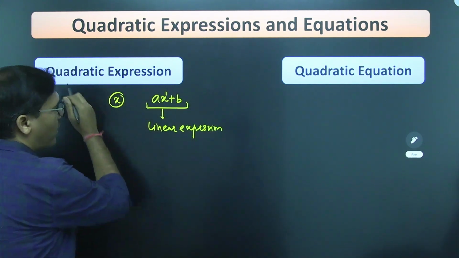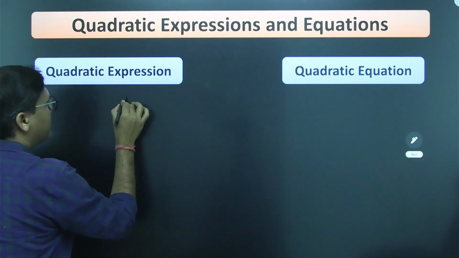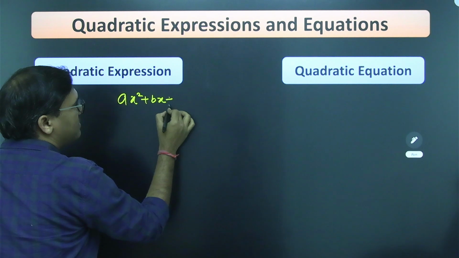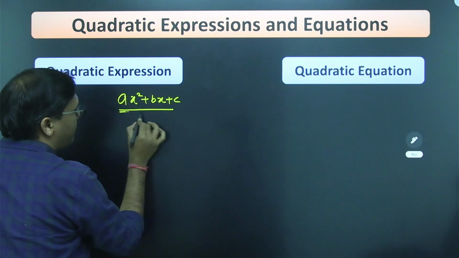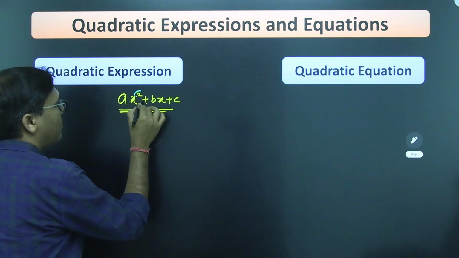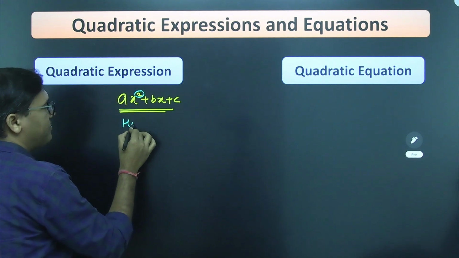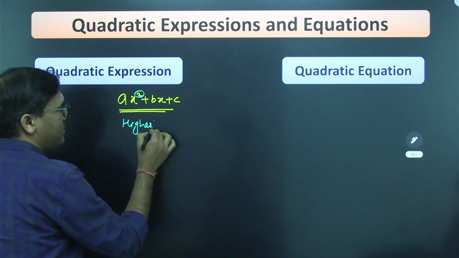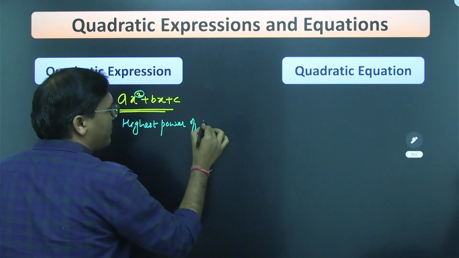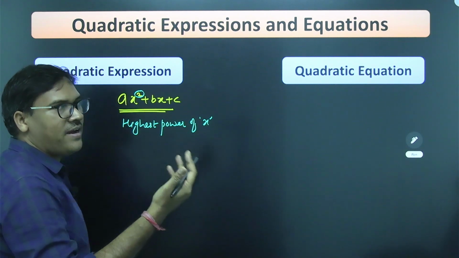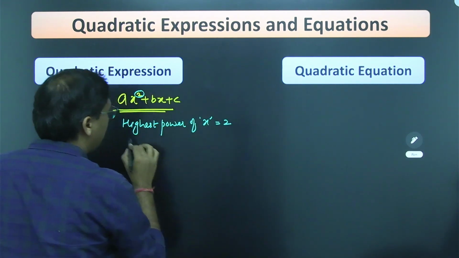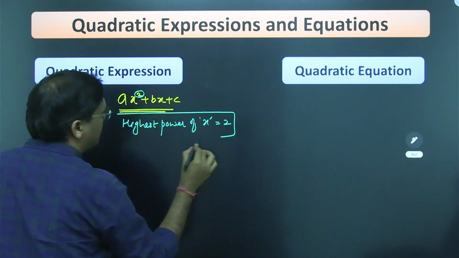When you talk about a quadratic expression, what is the meaning of it? This is ax square plus bx plus c. This is a quadratic expression. What is the meaning of a quadratic expression? If the highest power of the variable, it may be x, it may be y, it may be t, any variable, is equal to 2, then this is a quadratic expression.